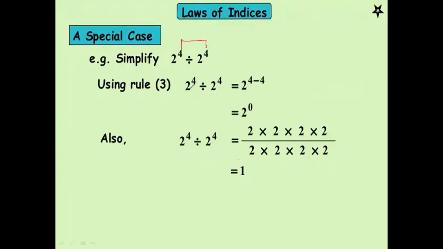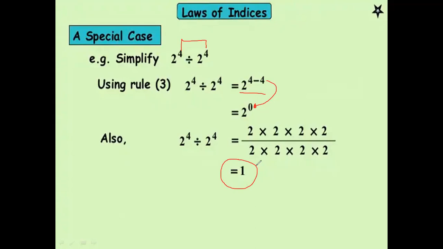So 2 to the power of 4 divided by 2 to the power of 4 is the same as 2 to the power of 4 minus 4, and 4 minus 4 equals 0. And we learned in index notation that any number raised to the power of 0 equals 1. That is why we consider this a special case. Again, any number raised to the power of 0 equals 1.